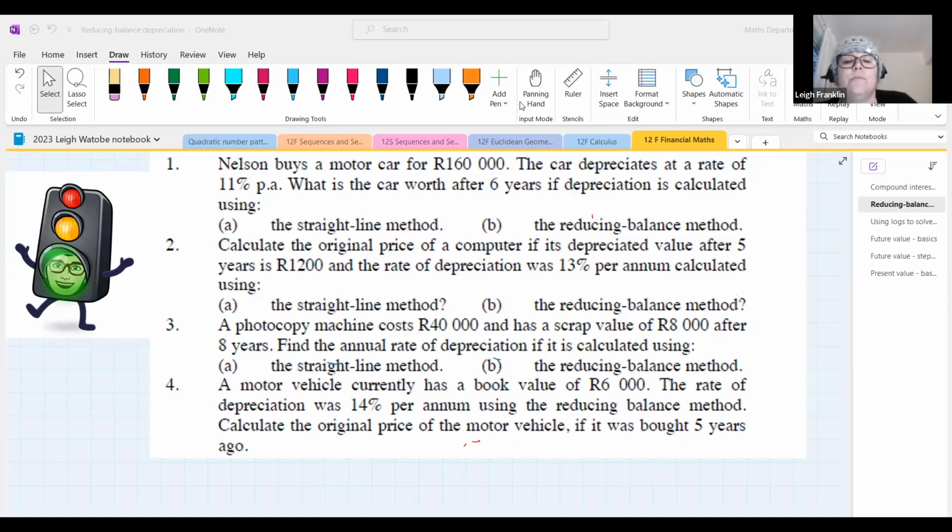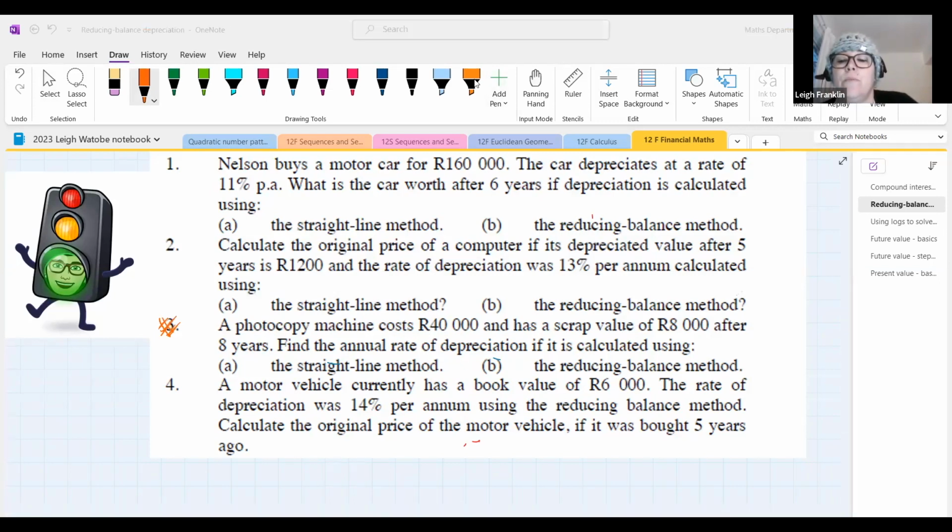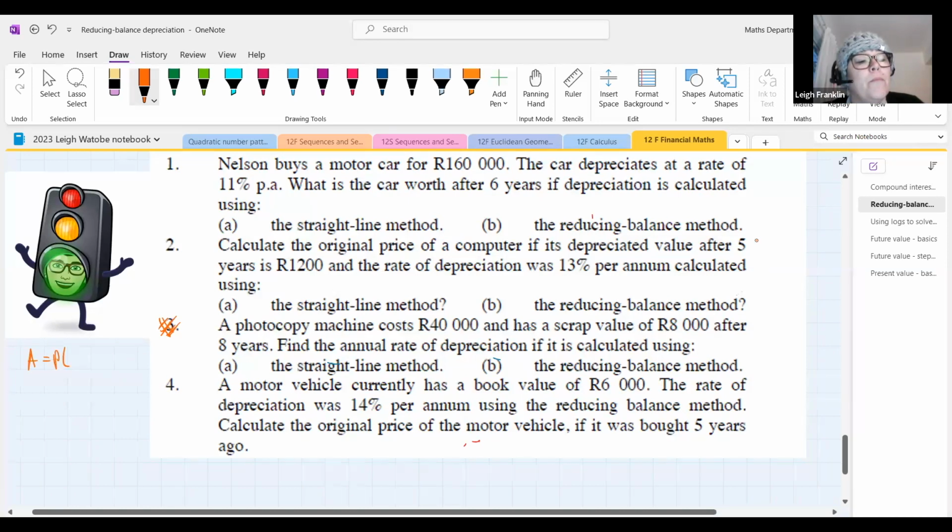Oh, yeah. Quite right. We certainly don't need to do number 3 then, for sure. Which one on Waba? So there's your one formula.